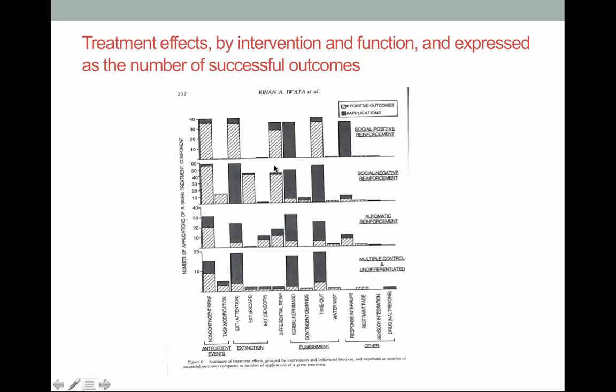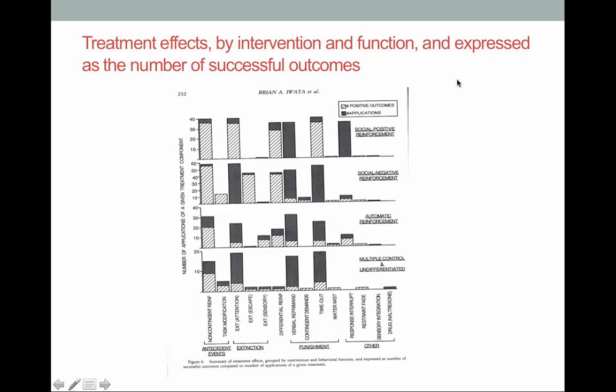On the other hand, when we look at punishment procedures, verbal reprimands, so just telling the person, hey, don't do that, were never successful. But of course, that makes sense. Why would they be? Because the person wants attention, so verbal reprimands are really just going to reinforce the behavior.